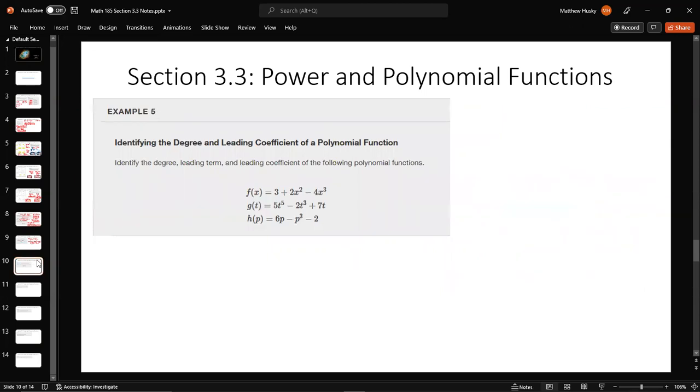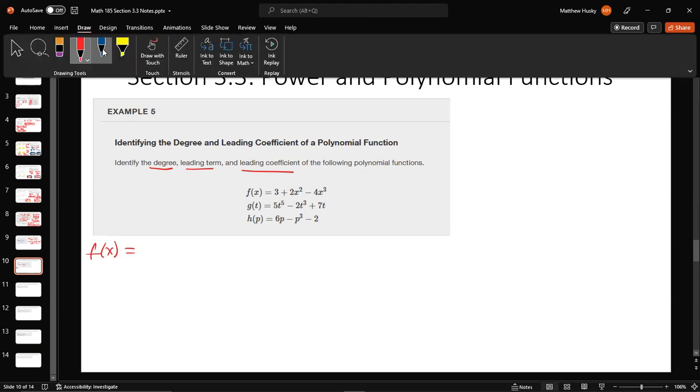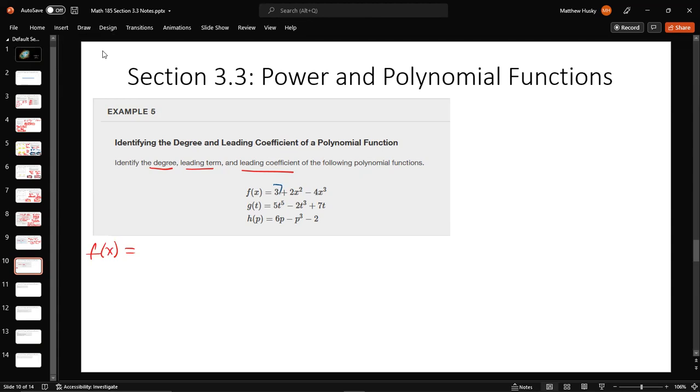Identifying the degree and leading coefficient of the polynomial function. So we got a bunch of polynomial functions here. A lot of the terms are sort of jumbled up in the wrong order. So they want us to tell them the degree, the leading term, and the leading coefficient. So let's start with f of x. And the first thing we'll do is rewrite f of x. The plus and minus signs will separate each of the terms.